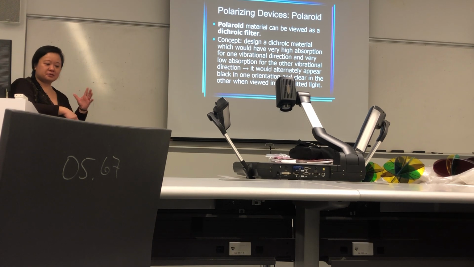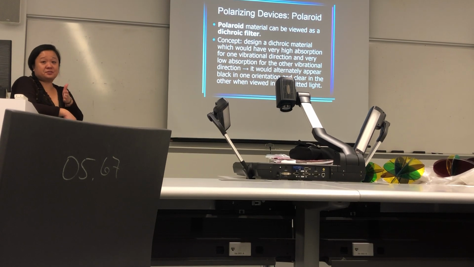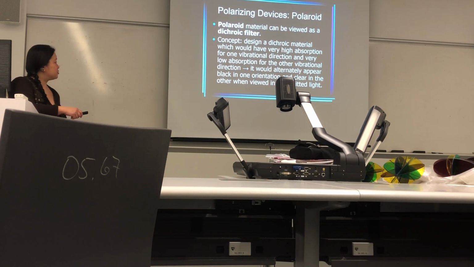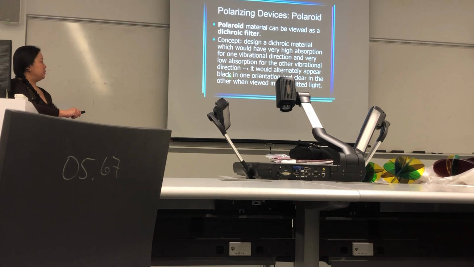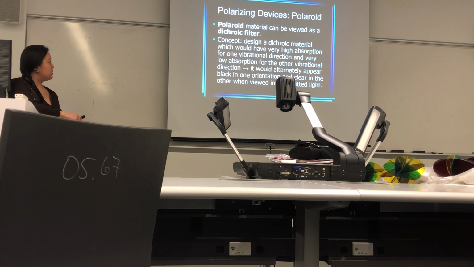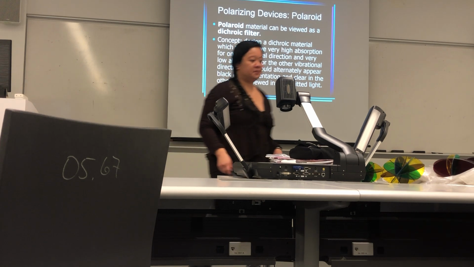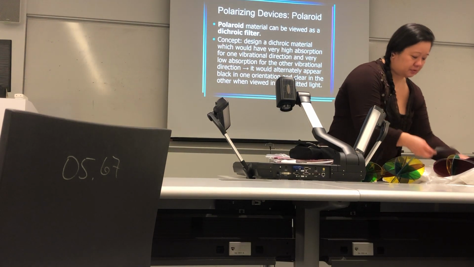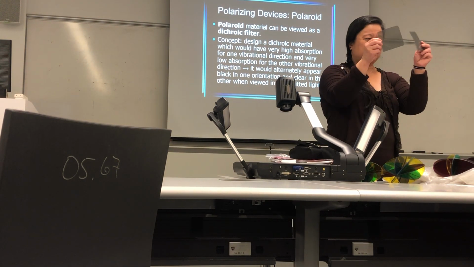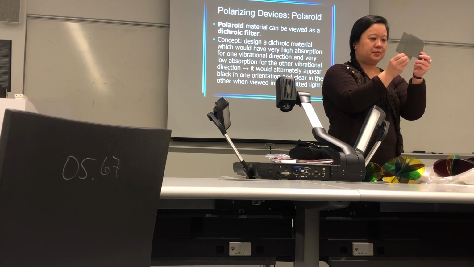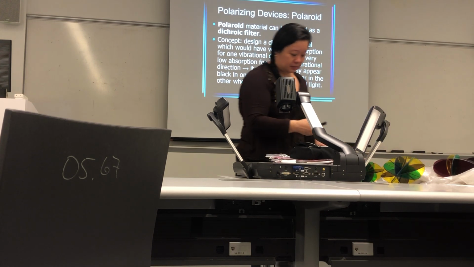Remember, absorption relates to color, so it's very dark in one direction, and rotated 90 degrees it's very light colored. Basically it would alternately appear black in one orientation and clear in the other when viewed in transmitted light. The idea of using a polarizing Polaroid film is kind of like what you have over here. It's got scratched up because it's been passed around a bit, but that's the basic idea.